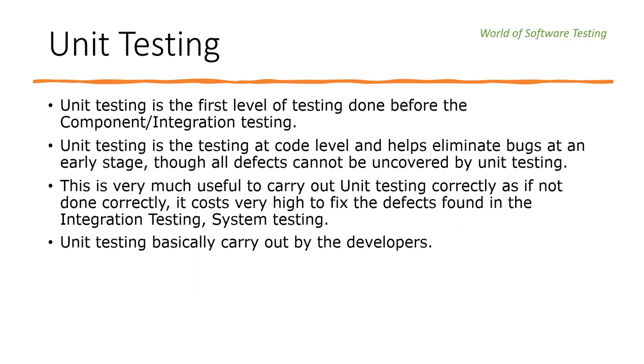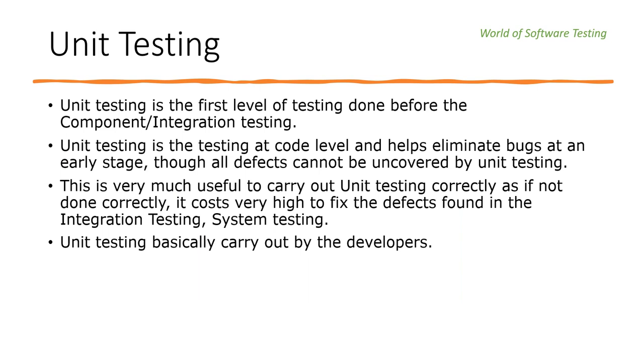Unit testing is a type of software testing where the individual units or components of software are tested. The purpose of unit testing is to validate whether each unit of software code performs as expected or not. Unit testing is testing at the code level and helps eliminate bugs at an early stage.